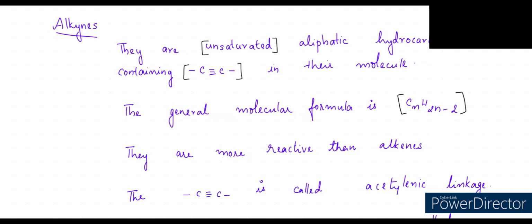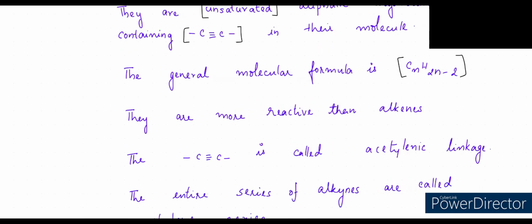Alkynes are more reactive than alkenes. So, the order of reactivity will be alkane is the least reactive. Alkenes are more reactive than alkanes, and the highly reactive hydrocarbon will be alkyne.